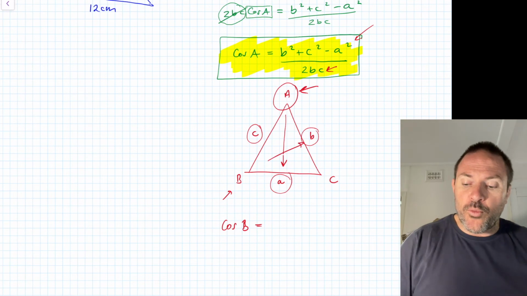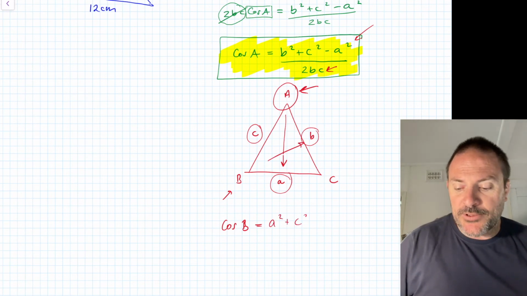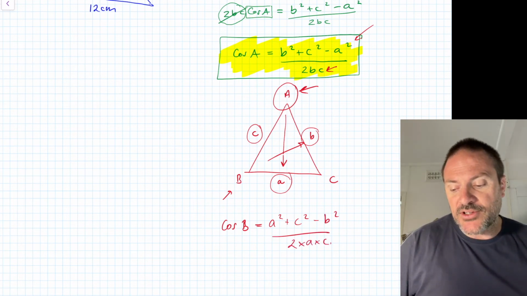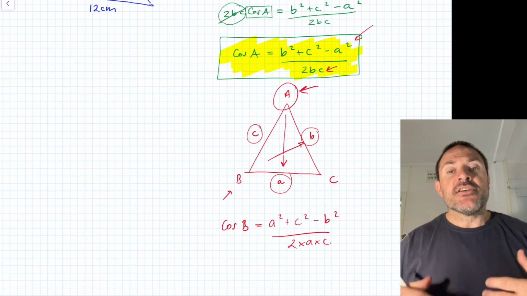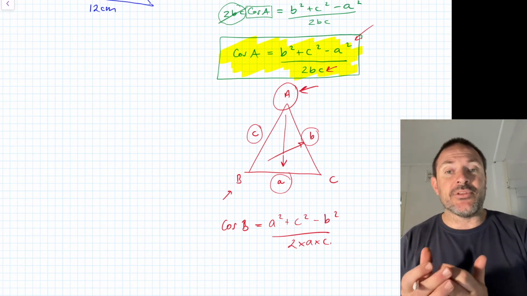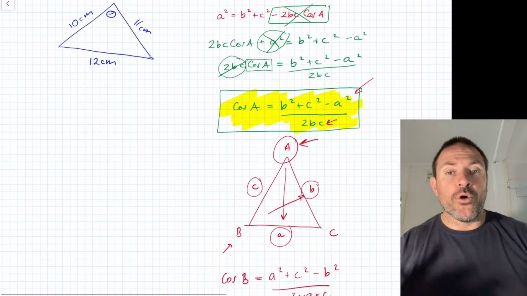Well, I know that the little b, which is opposite, is the one I'm subtracting. So I'm doing A squared plus C squared minus B squared all over 2 times A times C. That's it. Okay, so again, try not to get too hung up on the actual letters, but think about the actual rule in terms of how it works together.